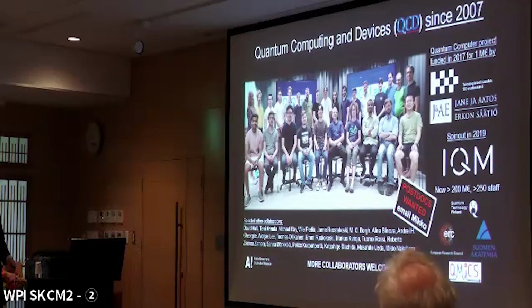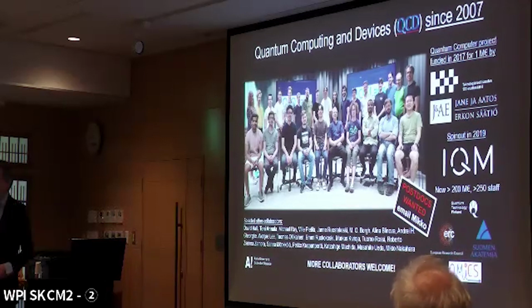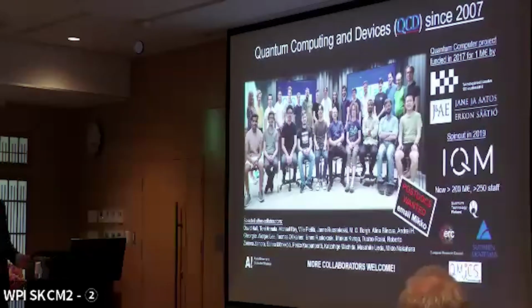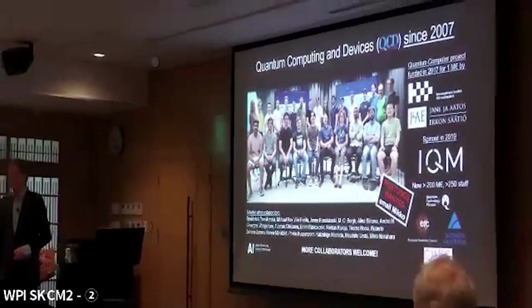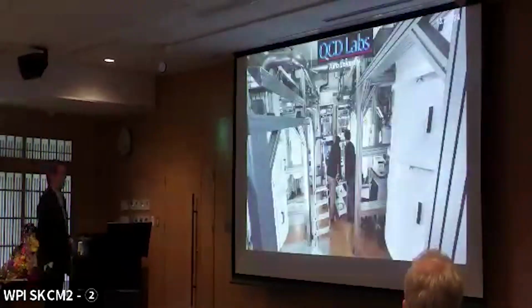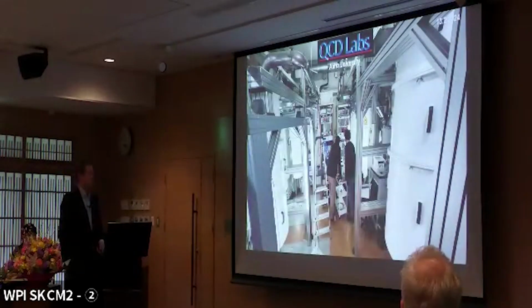Most of my research is actually not done on these Bose condensates anymore, but we mostly work on superconducting circuits, and we even spun out a company, IQM, about 5 years ago from our lab, and it's now quite successful in building and selling quantum computers. Our lab looks like this.